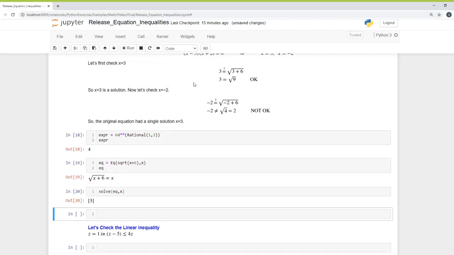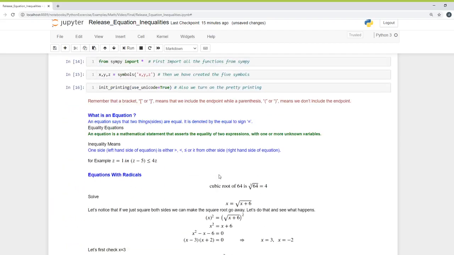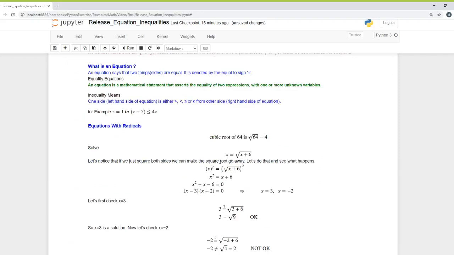Now if we want to check whether the answer is right or wrong, we can call the function checksol, in which we pass the value of the variable in a dictionary, x colon 3, and it returns True. That means if we substitute the value of x in this equation, we get True, that means okay. Now this is the equation with radicals.